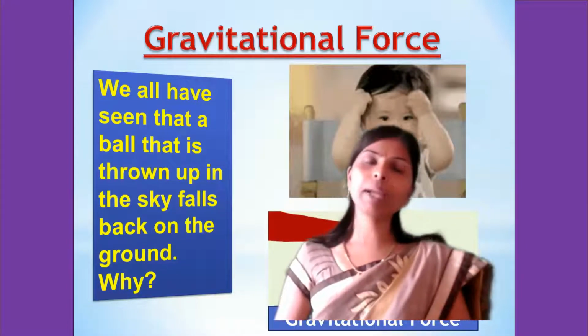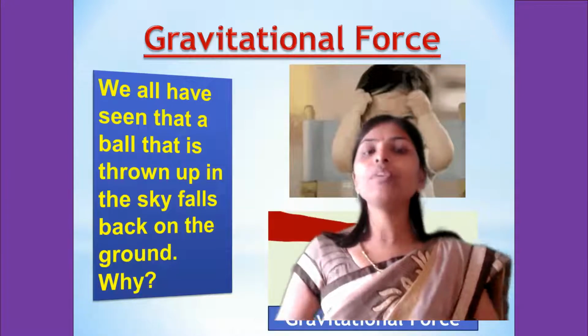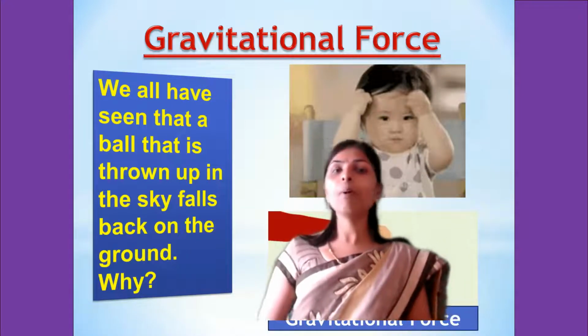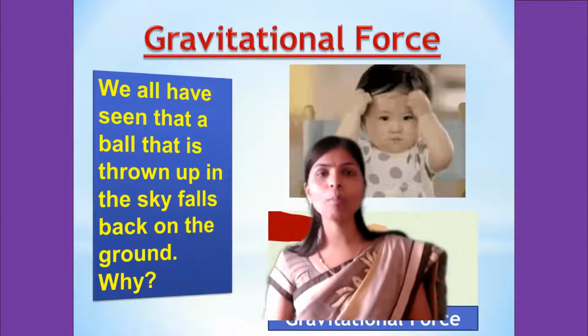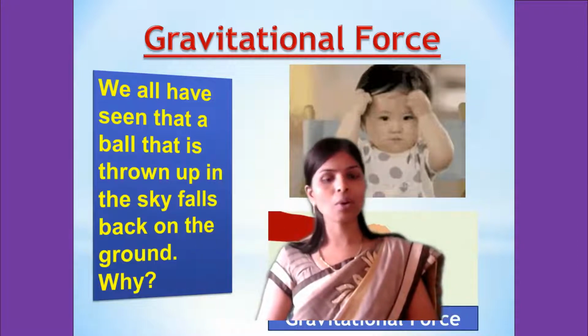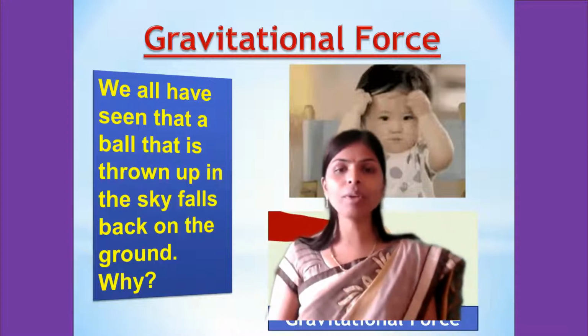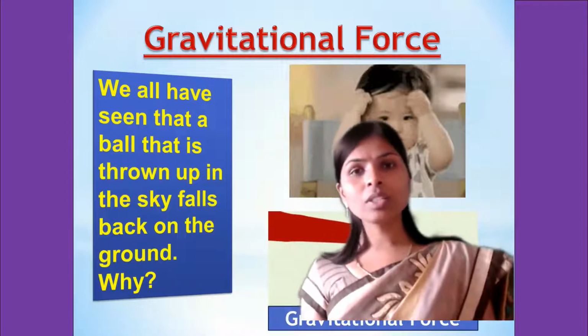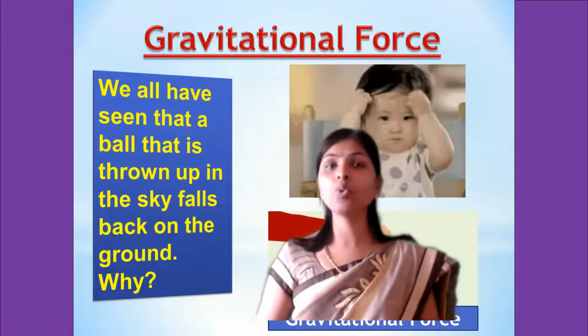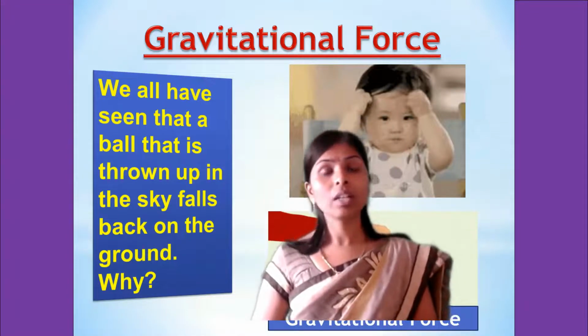So what is meant by gravitational force? We all have seen that a ball that is thrown up in the sky will fall back down towards the ground. If I am throwing this pen downside, it will come downside only. It will come towards the ground only.